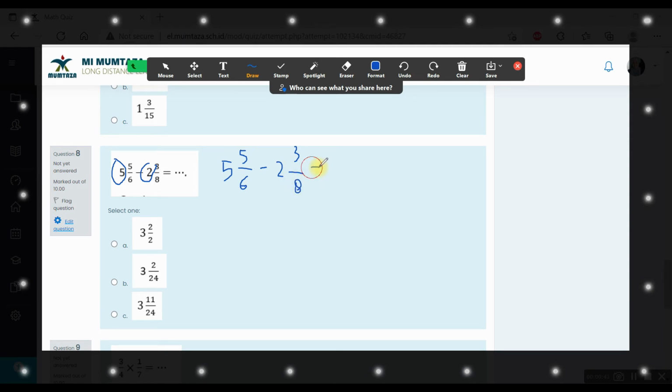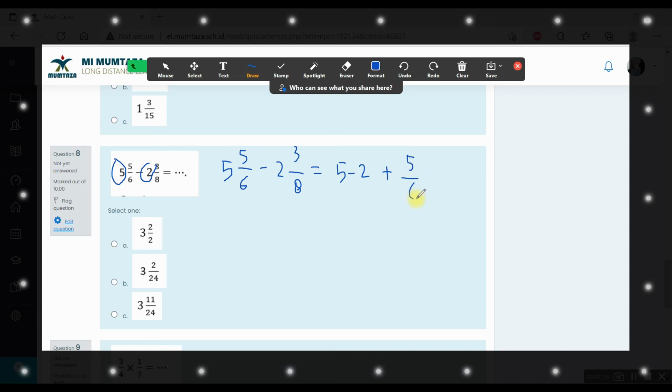Whole numbers here are 5 and 2, so 5 minus 2. Then we subtract the fractions. The fractions are 5/6 and 3/8.